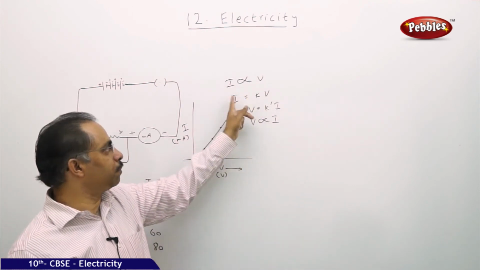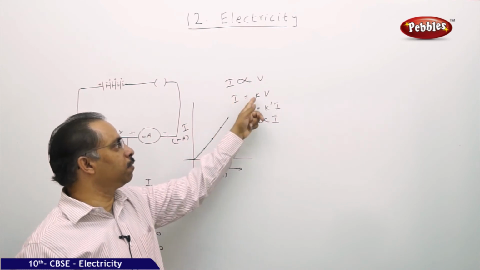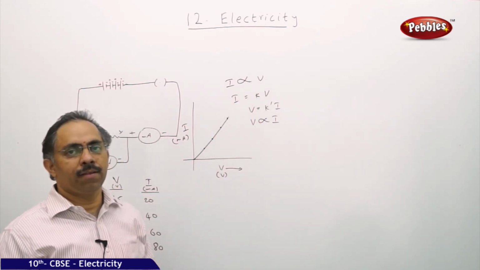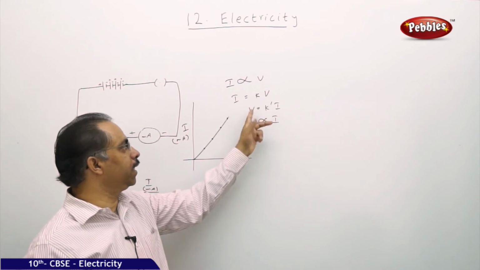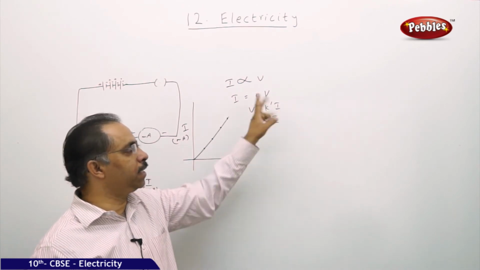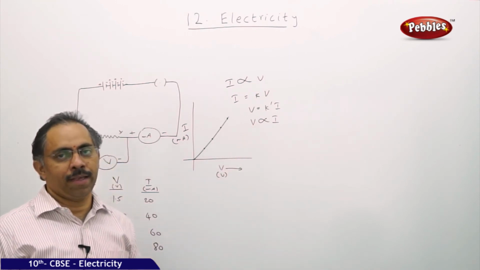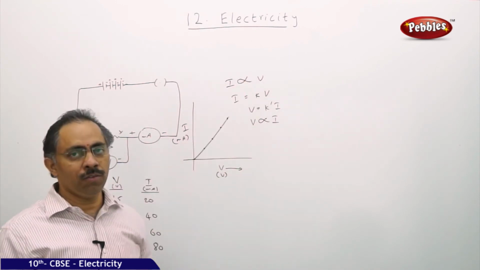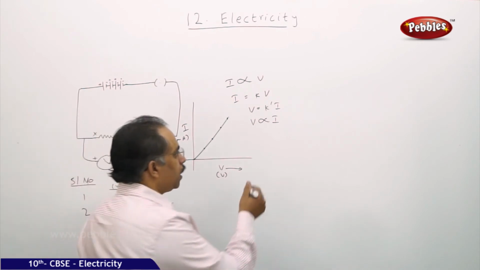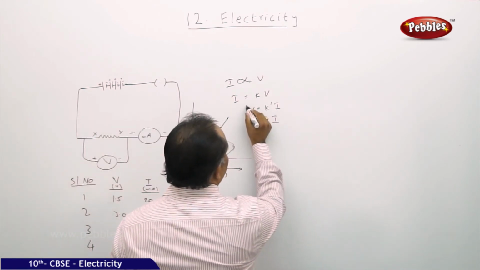From this expression I can write I is equal to some constant k into V. When I change the terms, I can say V is equal to some constant k dash into I. From this, I can say V is proportional to I. Actually speaking, it is I proportional to V.